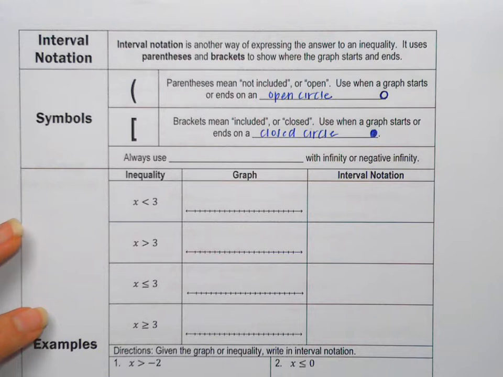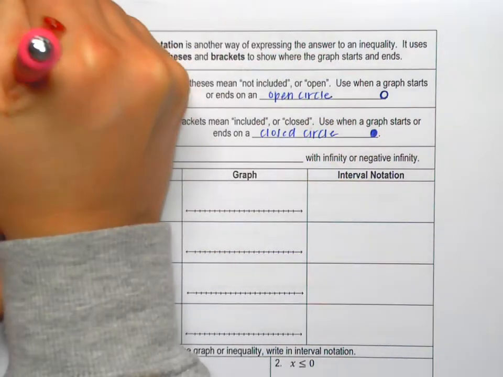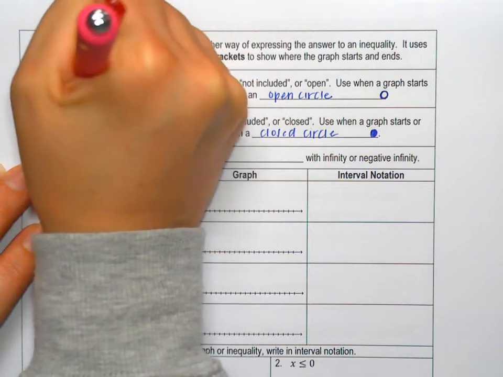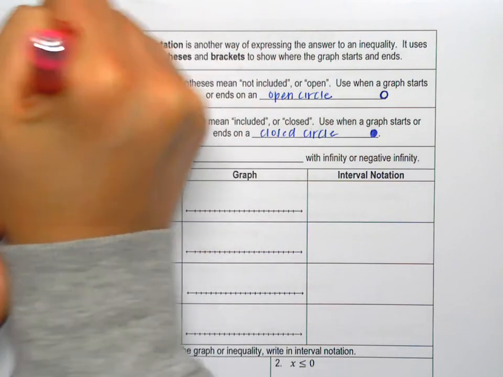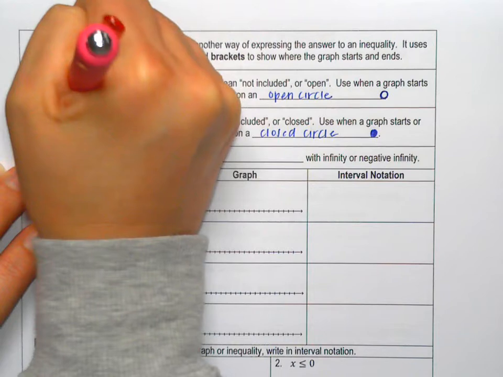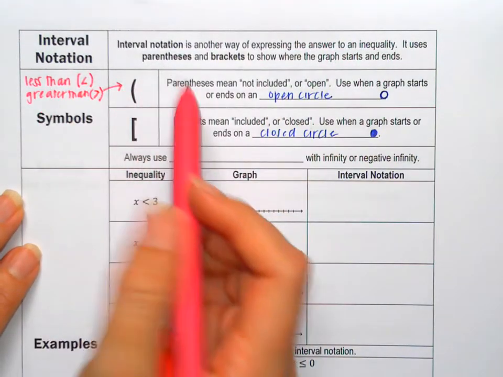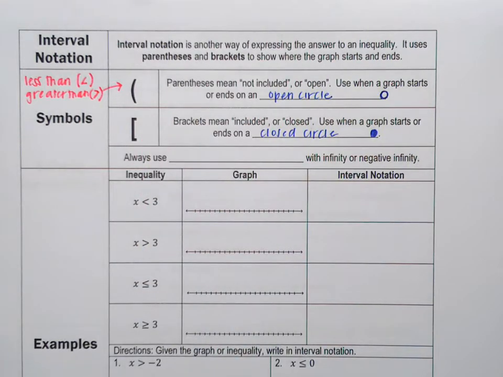So again, just to remind ourselves, parentheses are with an open circle. Open circle always means less than or greater than. So whenever you see a less than or a greater than, you are going to be using parentheses in interval notation.